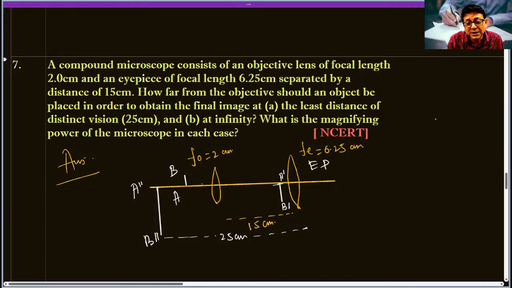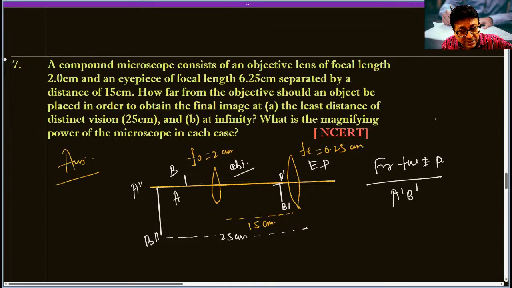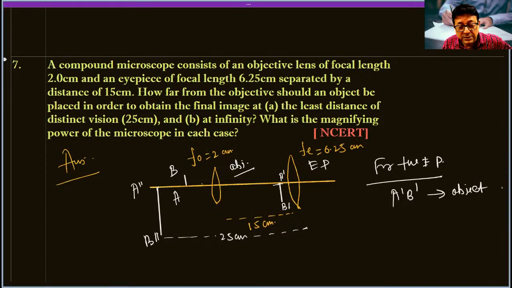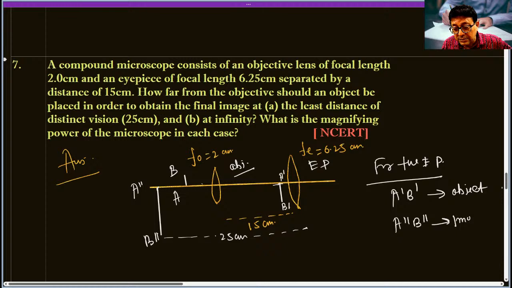This is the eyepiece and this is the objective. Okay? And this is the action of the eyepiece. For the eyepiece, A dash B dash is the object and A double dash B double dash is the image.